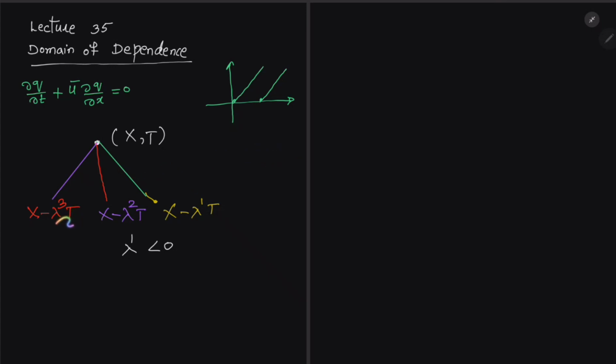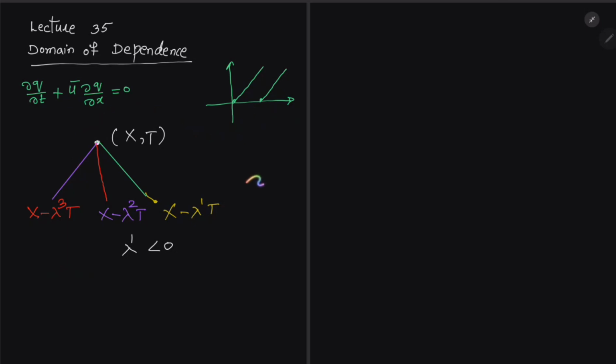And when we have lambda 3 greater than 0, then we have positive slope. Lambda is the eigenvalue, remember that, and this corresponds to the u bar in the advection equation.